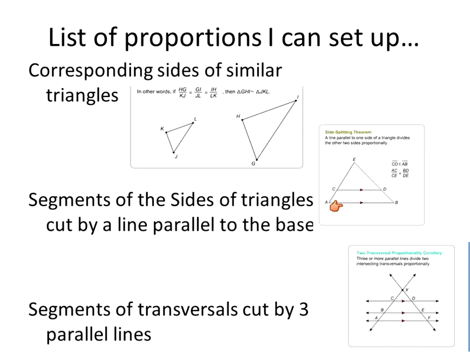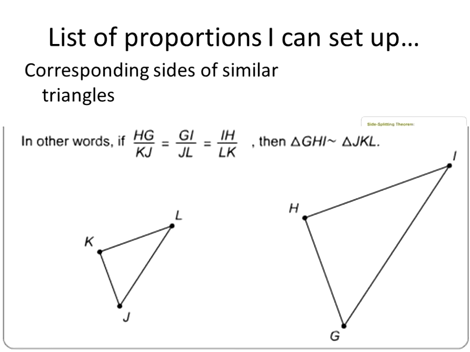Then we did the side splitting theorem, where I found out that these pieces, I set it up as A over B equals C over D. These pieces that are cut by the parallel line to the bottom are in proportion. And the same, very similar thing happened when I had 3 parallel lines and started drawing in transversals. They too were broken into proportion.